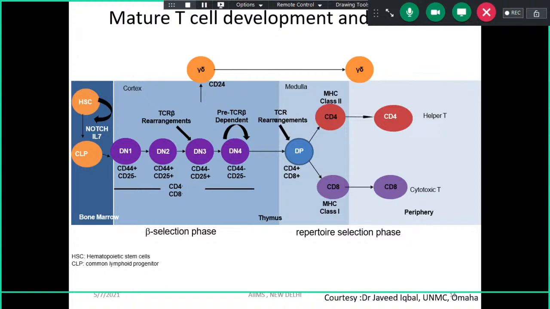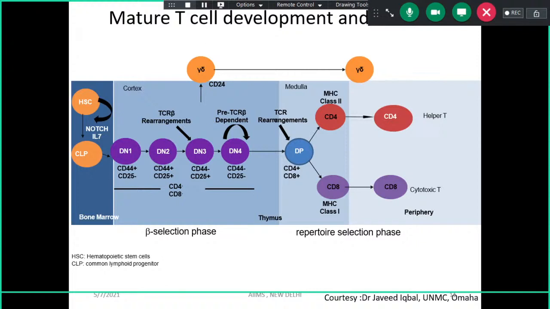You can say double negative in the beta selection phase, or think of the cortex and medulla, the cortical phase or medullary phase. In the cortical phase you can remember double negative, double positive, and single positive. What does double negative mean? In terms of CD4 and CD8. Initially CD3 appears, basically cytoplasmic CD3 followed by surface CD3.